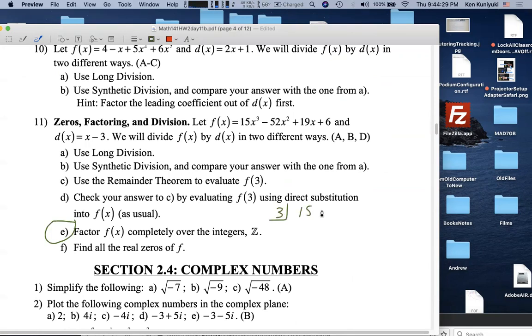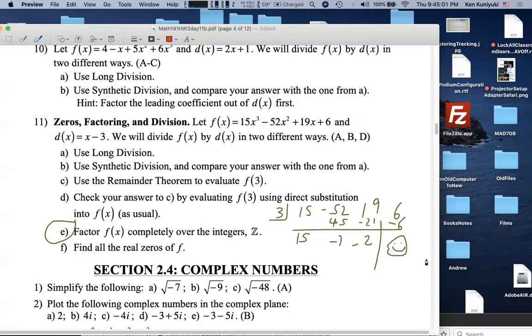Descending powers: 15, negative 52, 19, and 6. Bring down the 15. Multiply by 3, 45. Add negative 7. Multiply by 3, negative 21. Add negative 2. Multiply, negative 6. Add. Happy face. We got a 0.